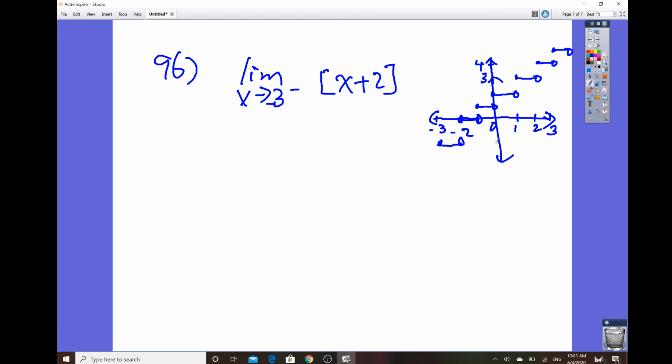Then this position would be considered negative. So here's -1. And then you continue with the rest of this. So the next position here would be considered negative 2.